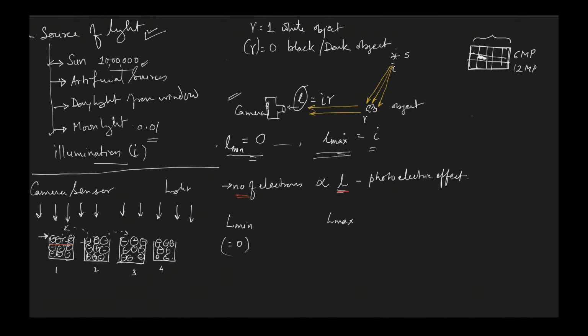Now remember, when I wrote small L max, it is the maximum which is available to the camera. When I'm writing capital L max, I am saying this is the maximum level that the camera would be able to record on its sensor, depending upon the size of the sensor and the size of the pixel. This will not have a definite value, it can vary from system to system, and then L will have any value in between, right?